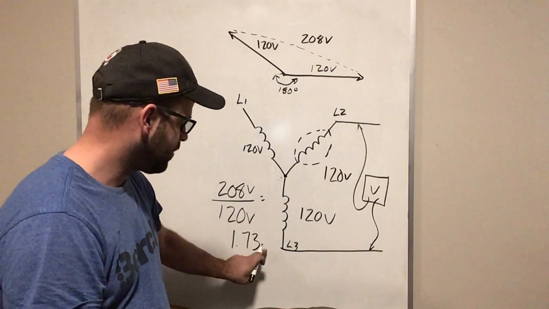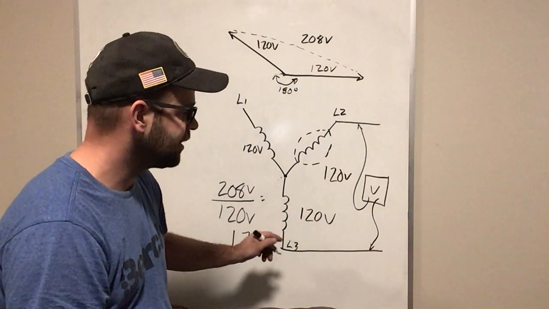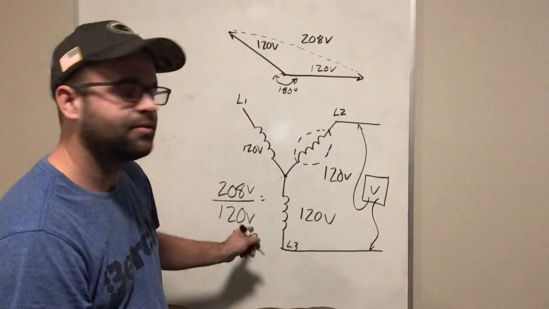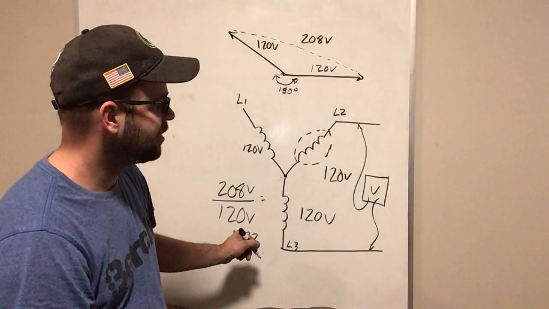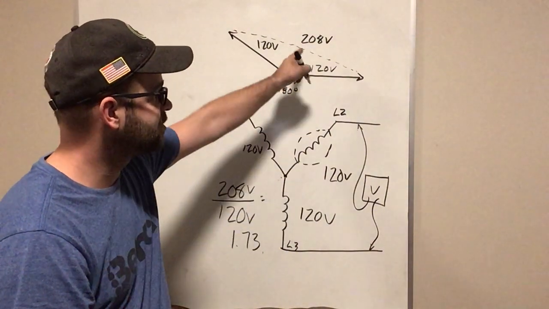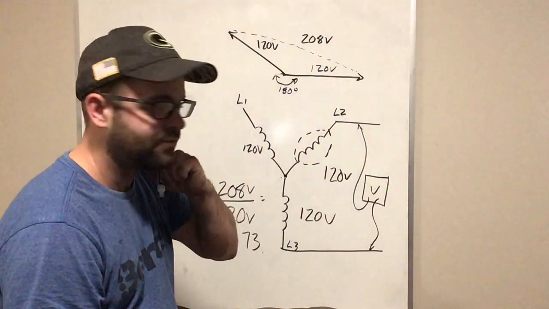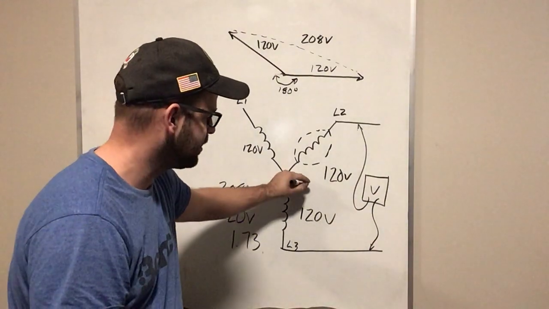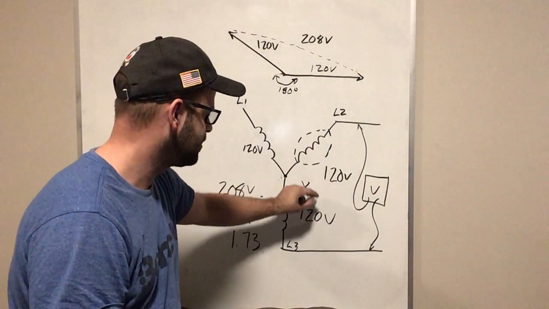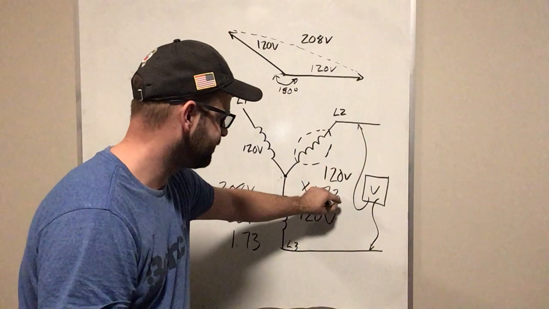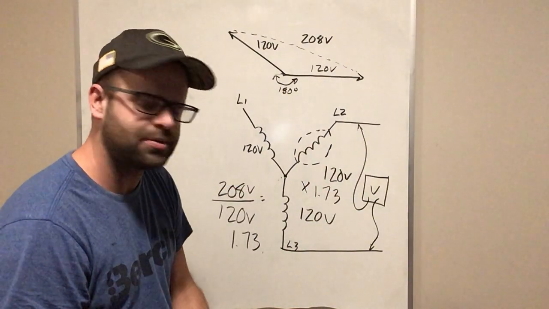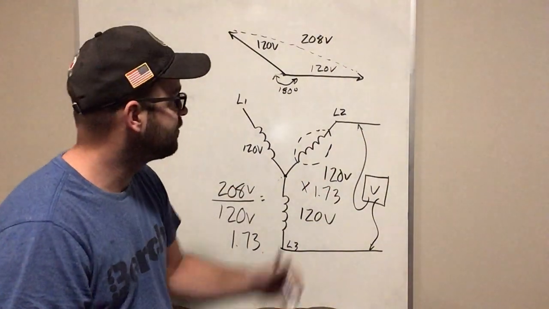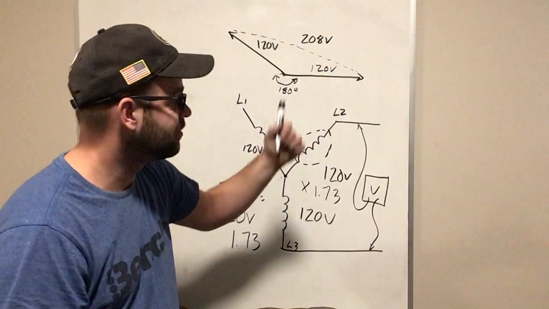All right, so that 1.73 is going to be the value you're going to use in order to go from 120 volts to 208 volts. So if you do 120 times 1.73, I think it's 1.732 is what it works out to, it will give you a value of 208 volts.